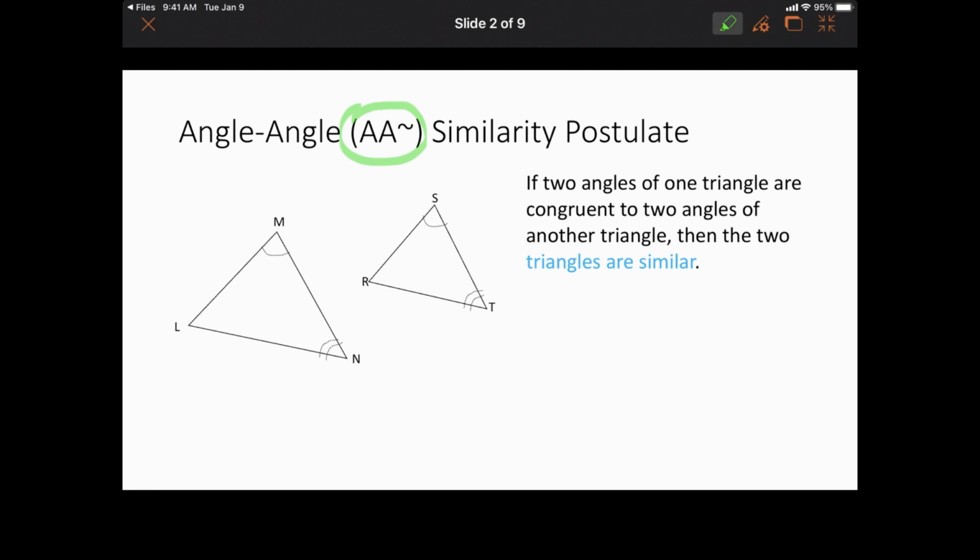Just numerically, that would have to be true. And math always tries to do the least amount of work, right? That's the elegance of things. So this is why we only use two angles. It makes it easier to prove as well, only having to prove two and not three.